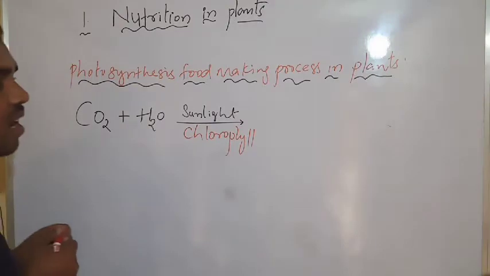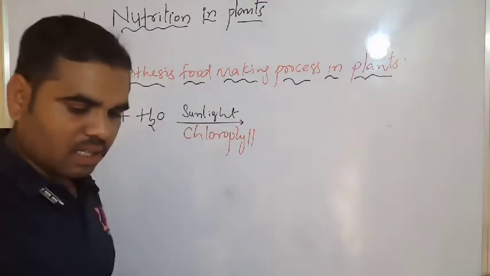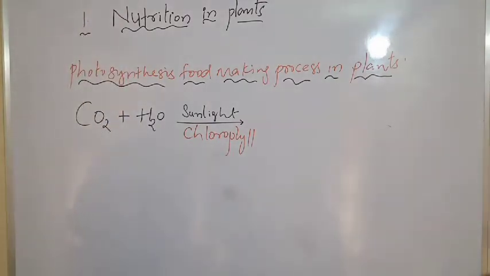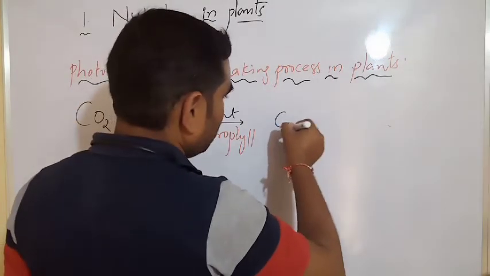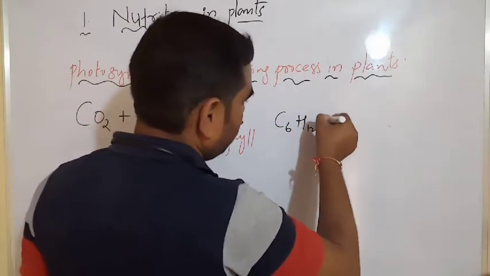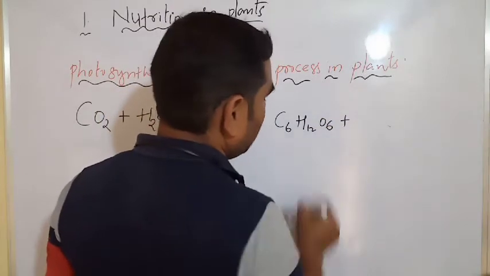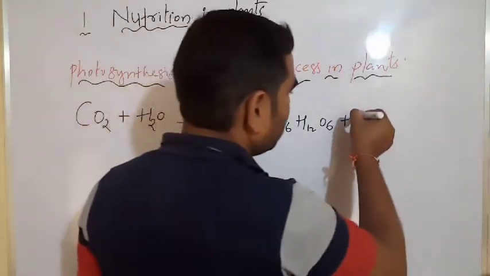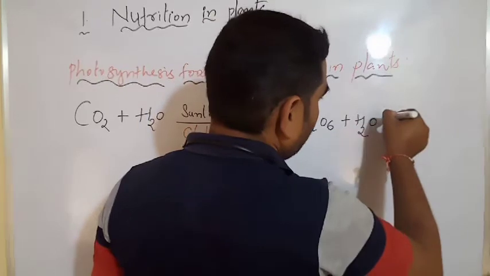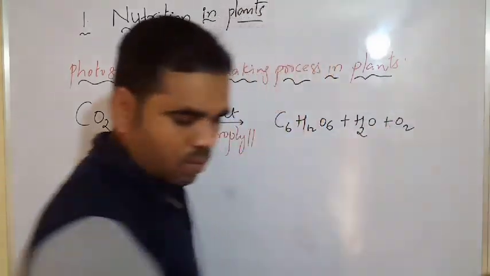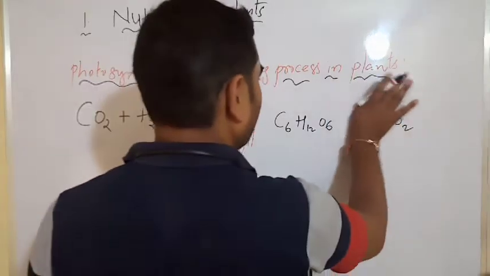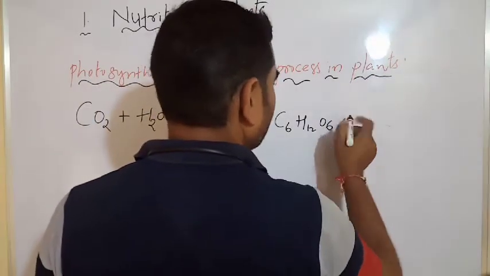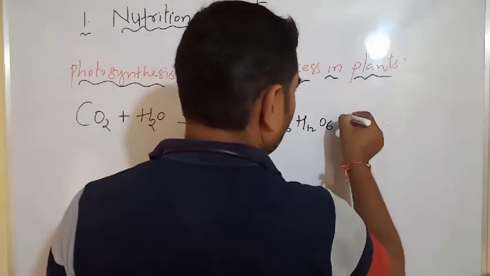They make carbohydrate, glucose, C6H12O6, plus H2O plus O2. We also write oxygen directly, plus O2.